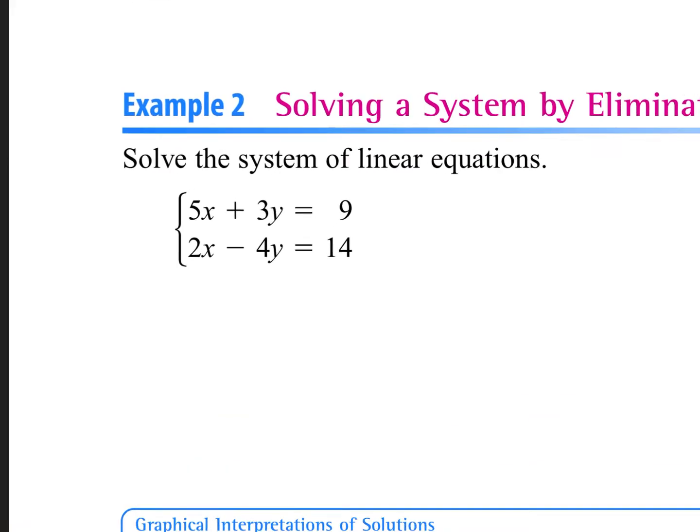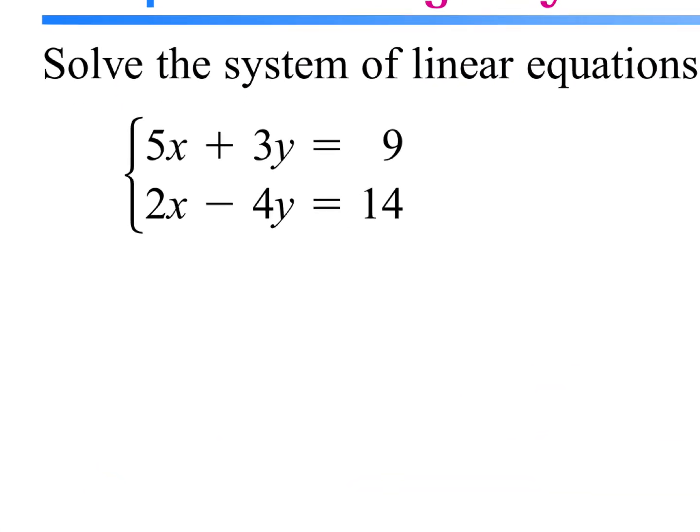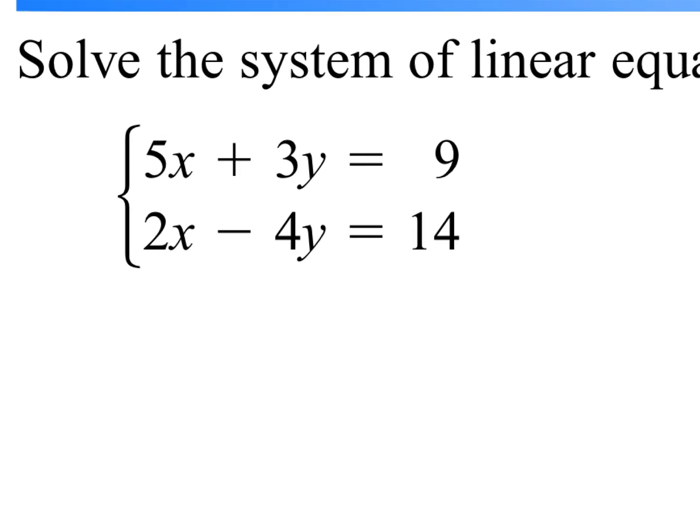All right, example 2, we're doing the same thing. Do I have anything that'll cancel out right away here? No. So if we don't, we may have to multiply one of our equations or both of our equations by something in order to get our variables to cancel out. So what do you think? We could do that, but we would have to multiply one of them by negative 5, which would work.